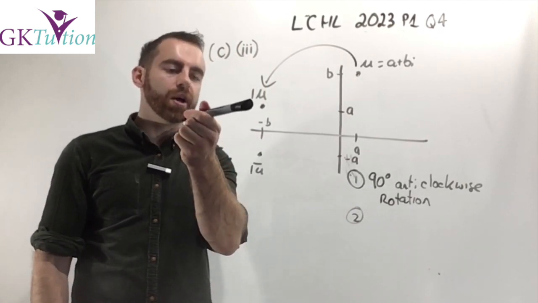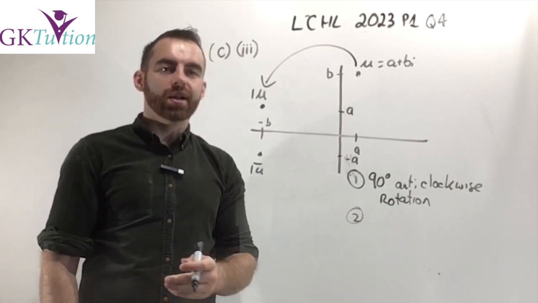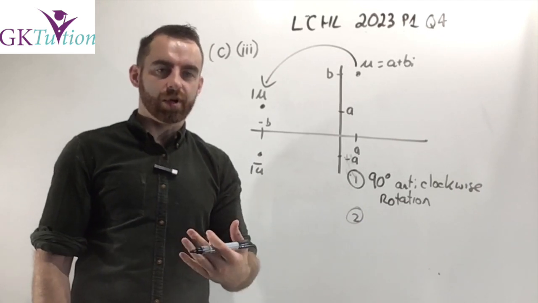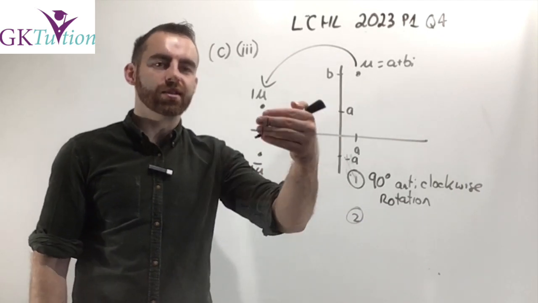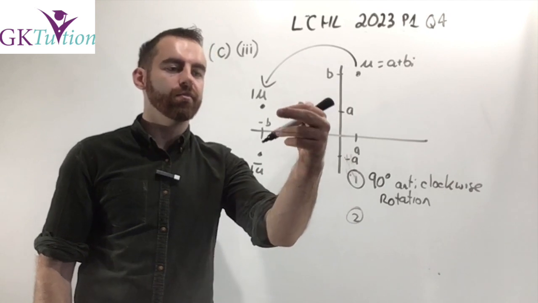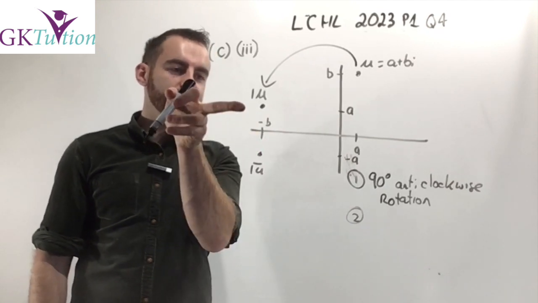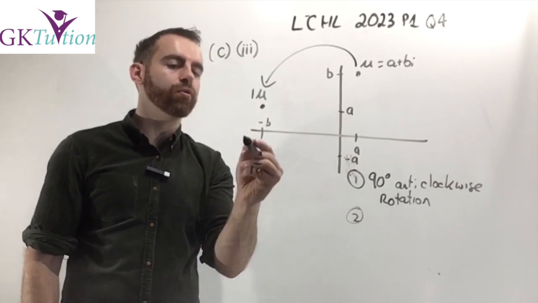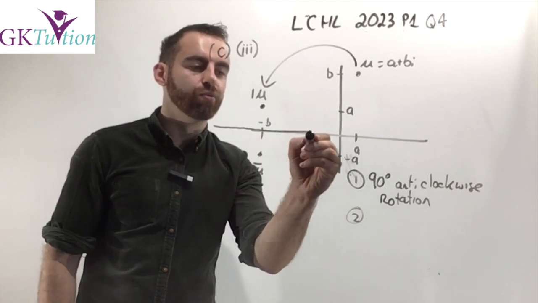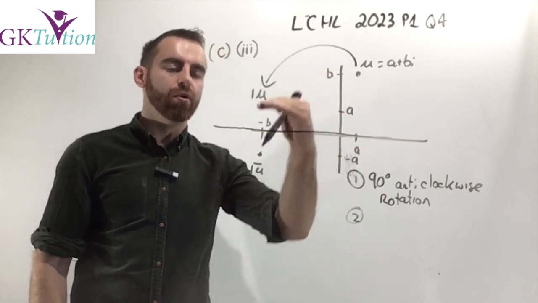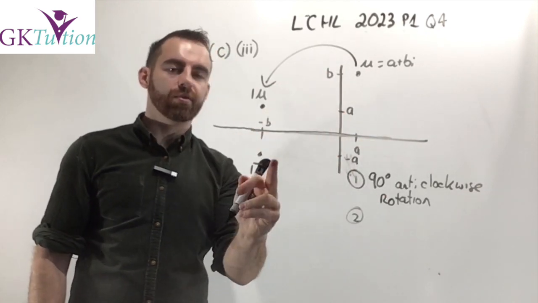Then how do we go from iu to its conjugate? Well, in this case, it's axial symmetry. Remember, axial symmetry is, imagine if I folded this over. Imagine if I folded the top diagram over along the real axis. If I folded this over the real axis, it would fold over here.